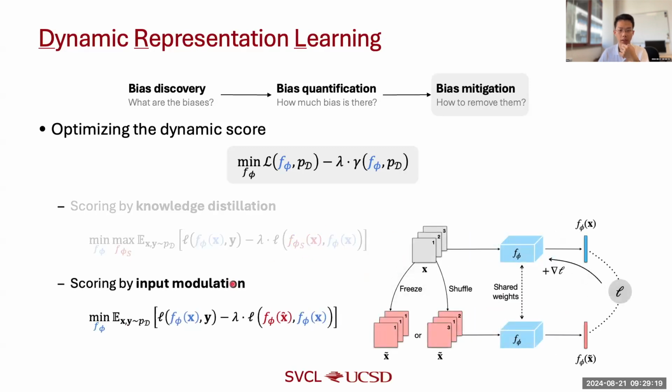And when using dynamic scoring by input modulation, the regularizing term is basically a difference between the same model outputs for using original versus frozen or shuffled inputs. We call this procedure dynamic representation learning, or DRL.